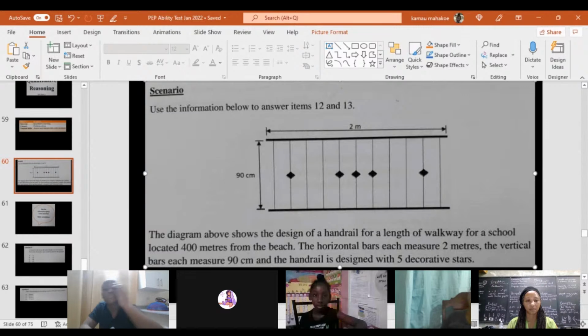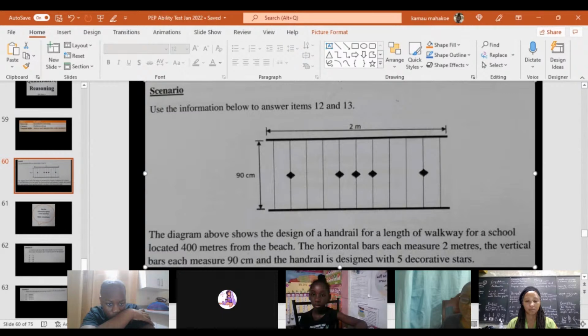Scenario: use the information below to answer items 12 and 13. The diagram above shows the design of a handrail for a length of walkway for a school, located 400 meters from the beach.